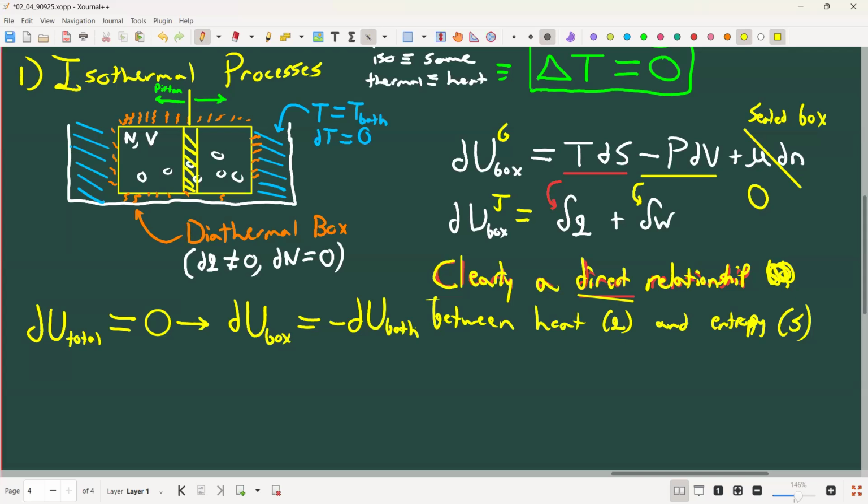All right, so there's an interconversion between work and heat. If heat comes into the box, work has to be done to get rid of it. If work is done in the box, heat has to be removed to get rid of it, and vice versa.